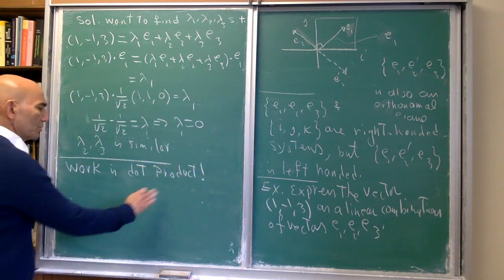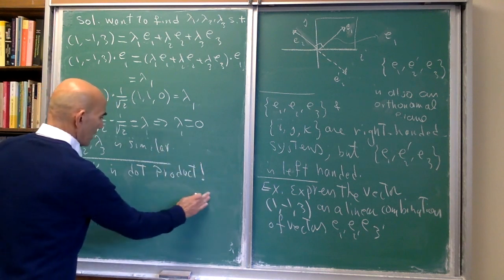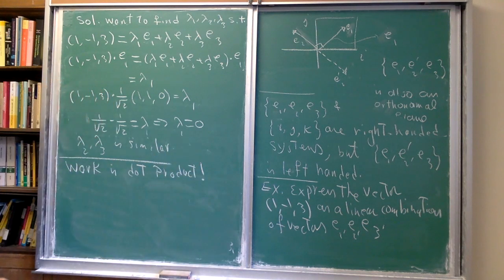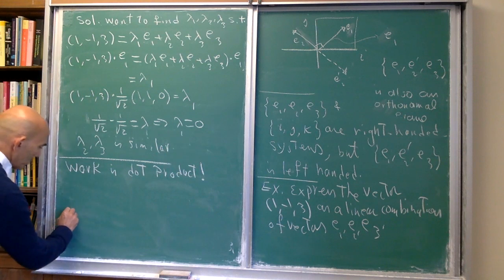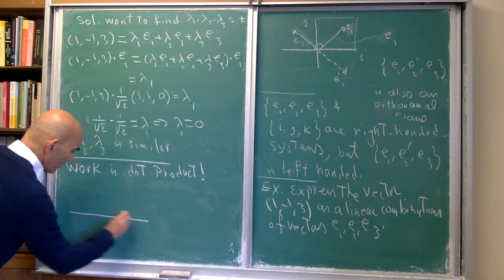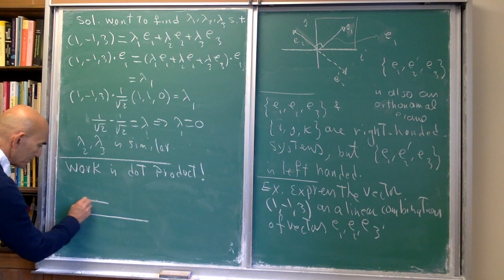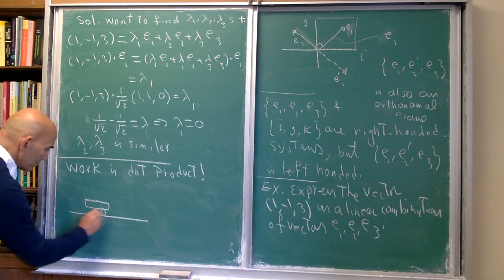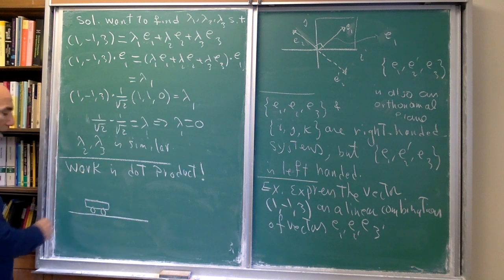You have seen this in your physics courses, I'm sure. But I have to tell you this anyhow. So imagine you are pulling a kind of shopping cart, a big one.